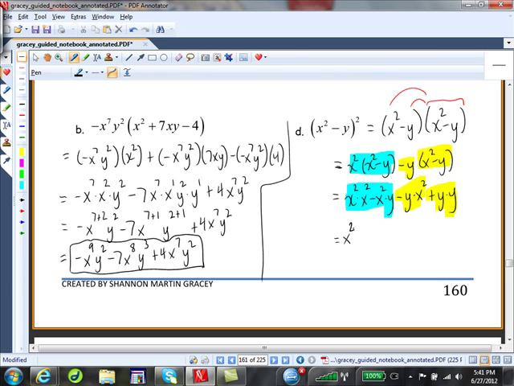X to the 2 plus 2 minus x squared y. We can commute this to have minus x squared y and then plus y to the 1 plus 1. So then we'll get x to the 4th minus 2 of the x squared y's. We have like terms, plus y squared. And we are all done.